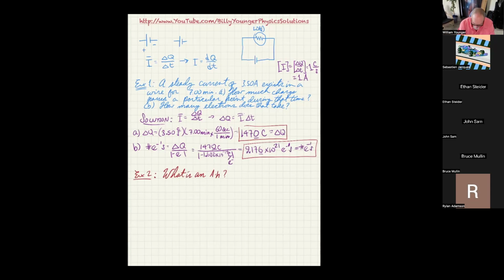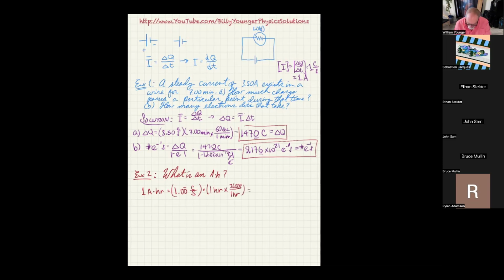If you look at an amp hour, 1 amp hour means 1.000 to any number of decimal places, coulomb per second. So that's the amp part, times 1 hour. But of course, 1 hour is equal to 3,600 seconds.